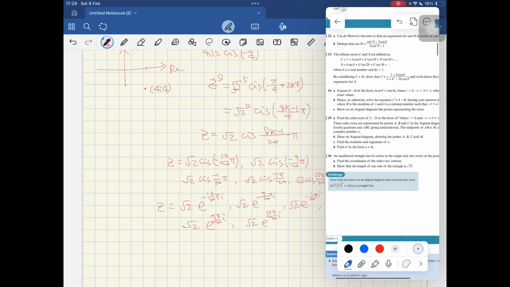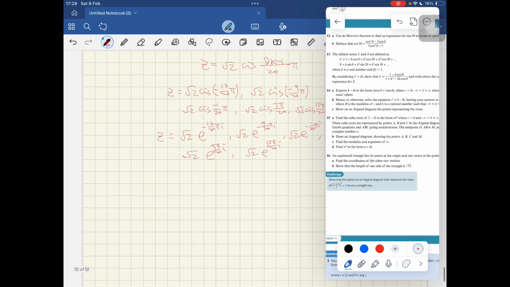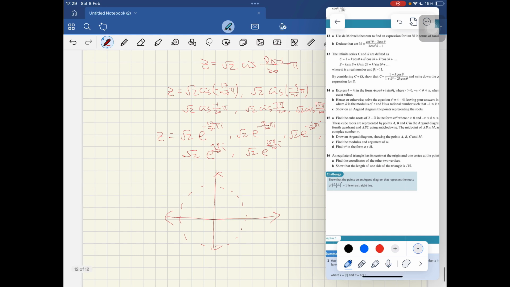So this is the Argand diagram of those roots. All of them are square root 2 distance from the origin. And the first one is pi over 20 is like 9. So here square root of 2 e to the power of 7 pi over 20 i. Here 15 pi over 20 i, square root of 2.